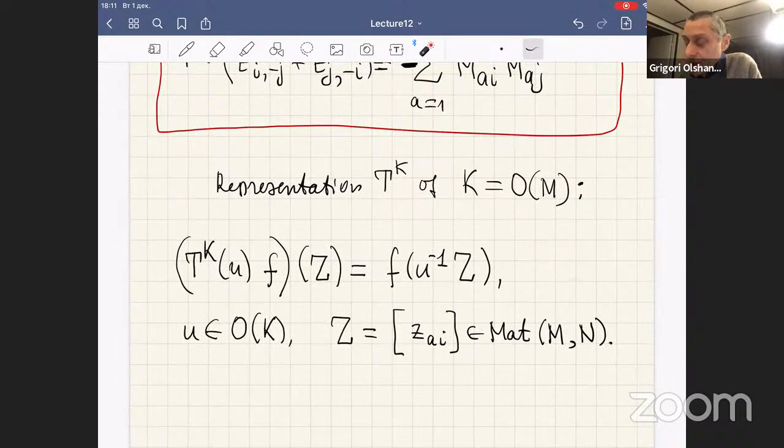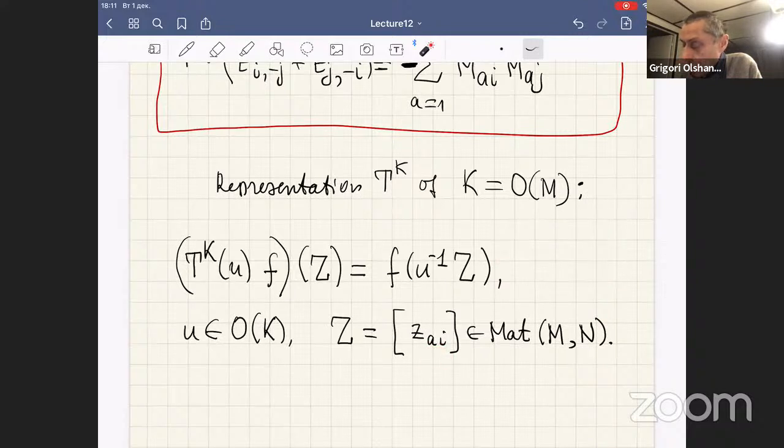We arrange them into a matrix, capital Z, which is a matrix of size m times n. So this is a rectangular matrix of size m by n, which is filled with these variables.